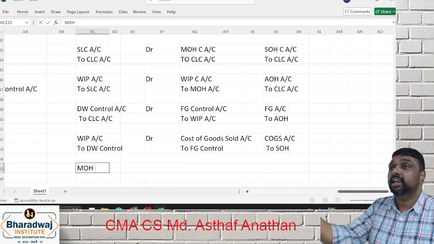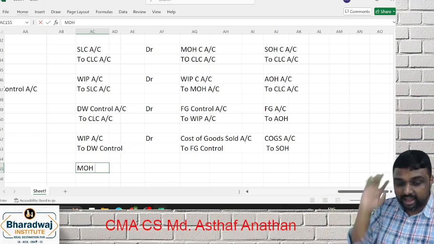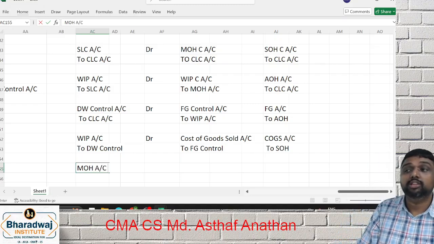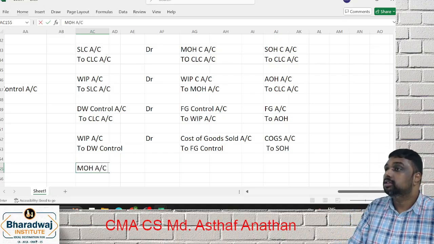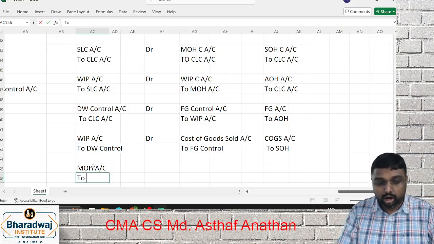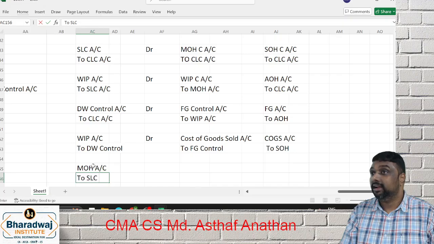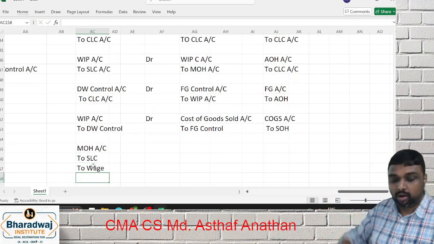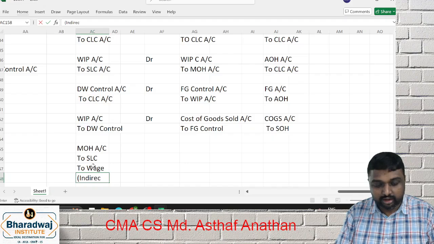If there is any indirect material or indirect labor, it will go to manufacturing overhead. Manufacturing overhead is also called factory overhead, works overhead, or any name. If any indirect material or wage, both will go there. These both are indirect.